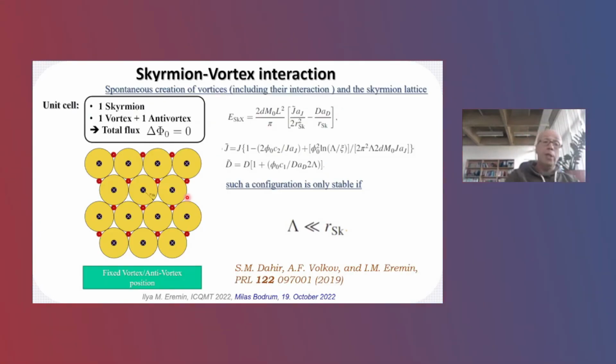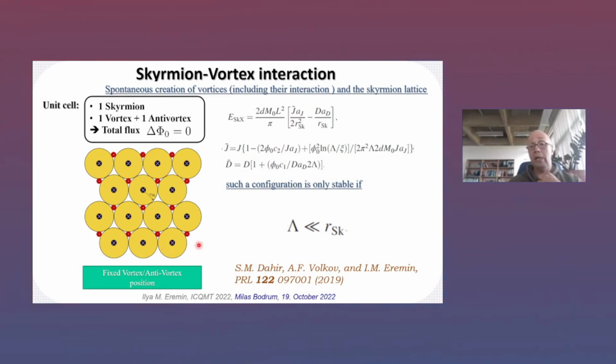Now, in order to see whether the whole configuration is thermodynamically stable, you try to minimize the total energy, assuming that you have skyrmion and vortex lattices, and you look at the condition for the total minimum of the energy.